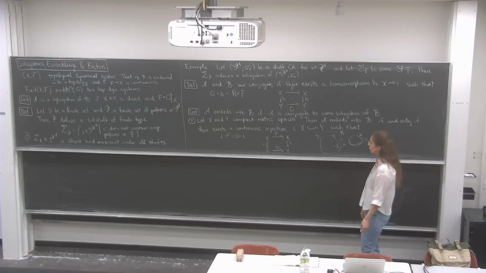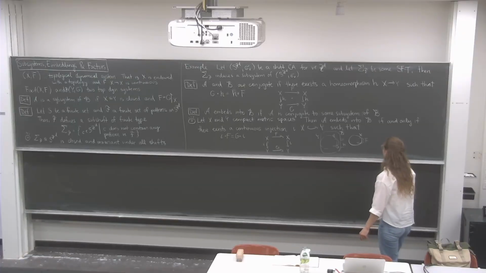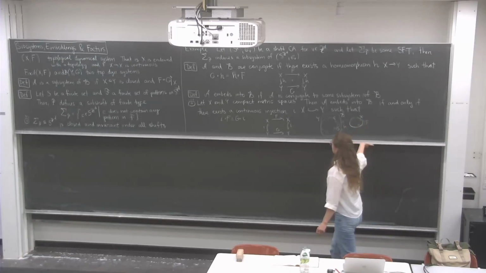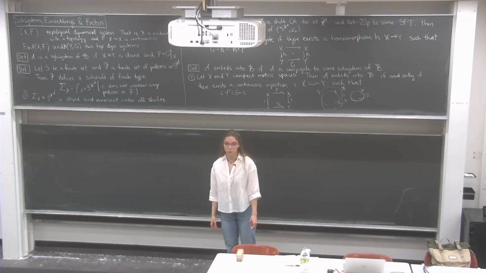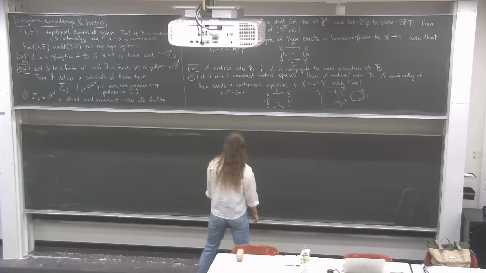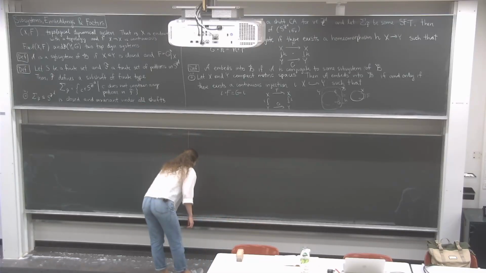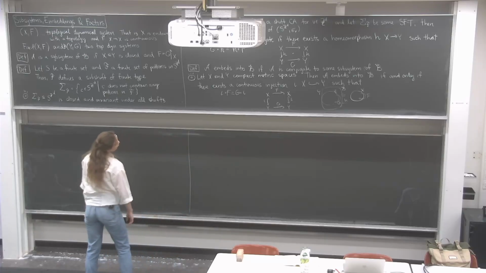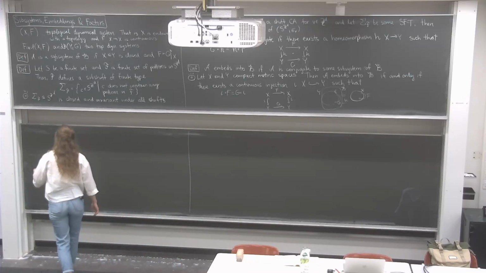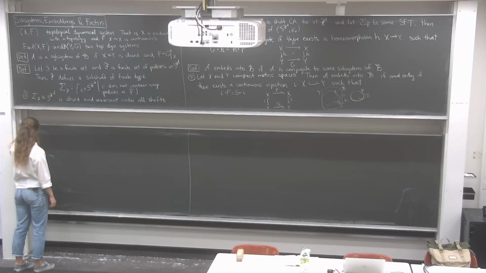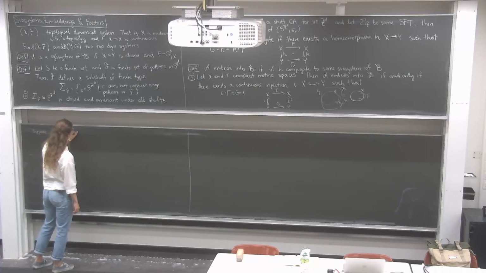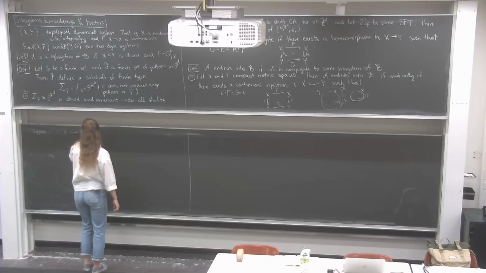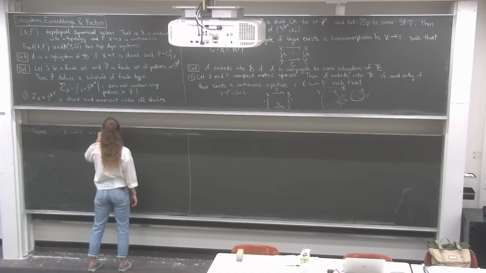That should be pretty straightforward. So let's suppose the other way around: we have this iota which embeds X into Y, a continuous injection.